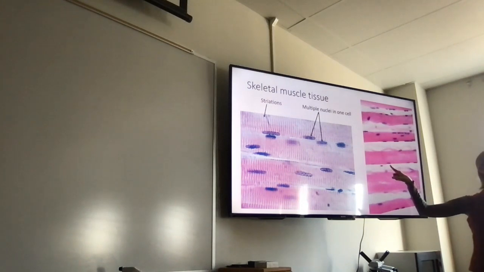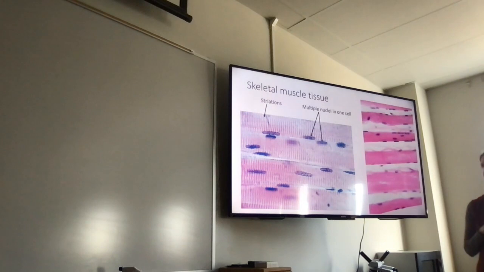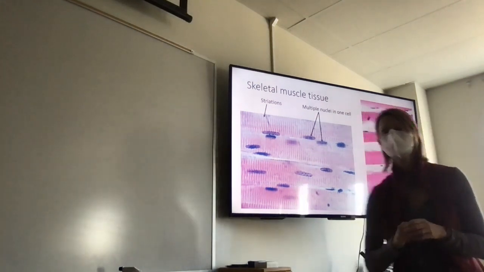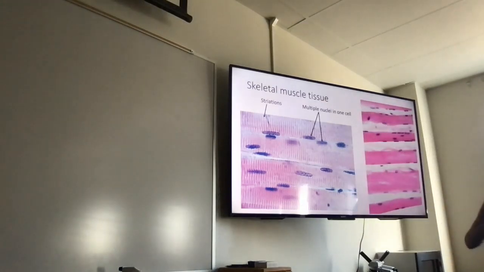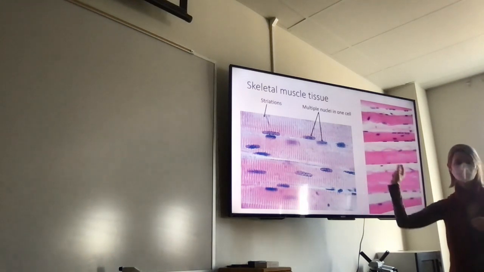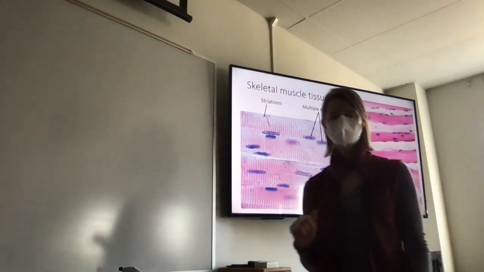So multiple nuclei per cell. That is skeletal muscle tissue. And the striations, I guess I should mention this, are basically what allow your muscles to contract. So they're the contractile pieces of your muscles.